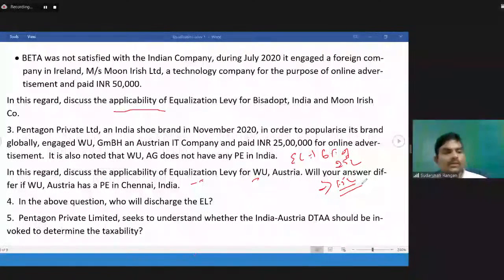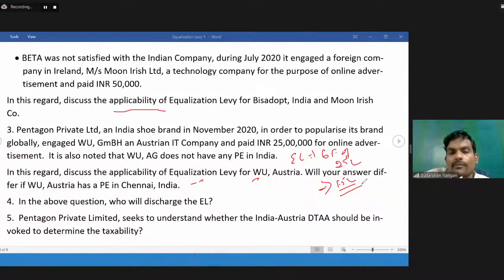I hope you guys are clear up to this point. Very simple, straightforward. All you need to know is whether the money consideration recipient is a non-resident, and if he's providing online advertisement and that amount is paid by a resident, then equalization levy will trigger in this transaction at 6%.